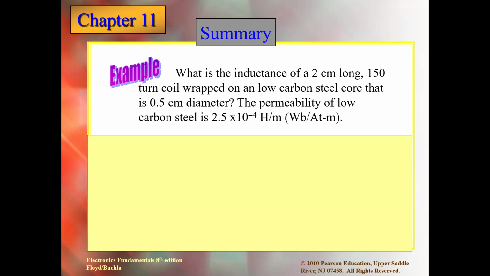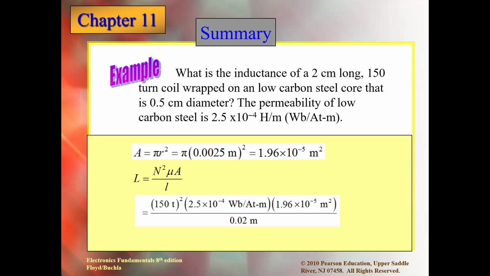First of all, we need to find the area of a circle, pi r squared, because the core is a circular shape. Then we convert it into meter squared and apply it in the formula, and we get L equal to 5.5 millihenry.